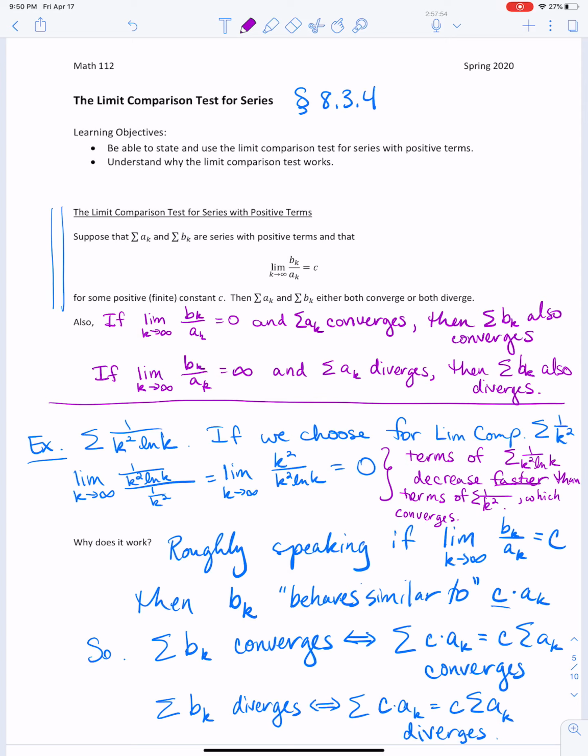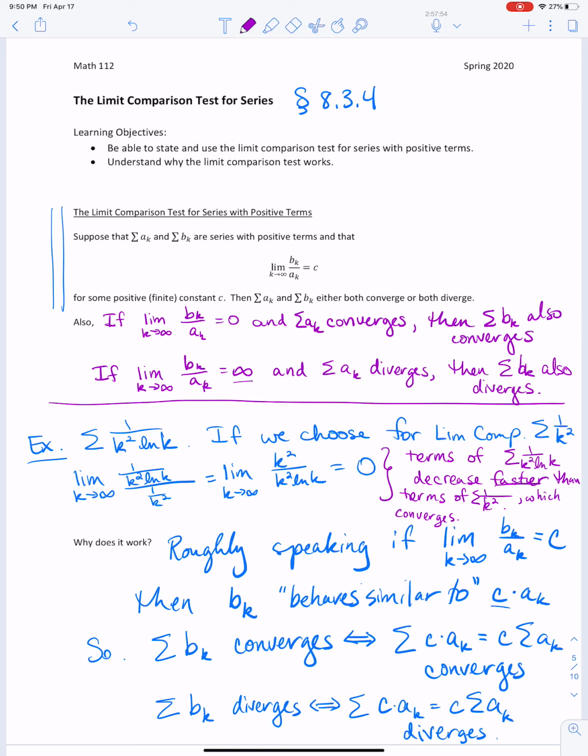Okay, and why is that? Well, that's for a similar reason, right? If this limit is actually infinity, then that means that the terms of the series, the sum of the b_k's, those terms are increasing faster than the terms of the sum of the a_k's, and that series is already diverging. So we can then conclude that the sum of the b_k's is also divergent.